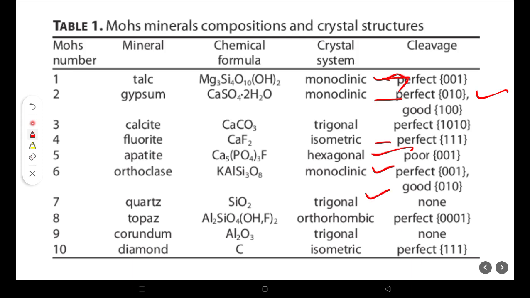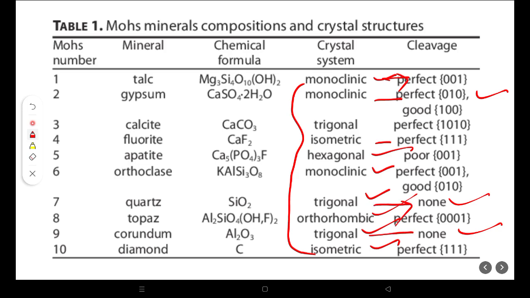Here an important thing is that quartz does not have any cleavage. Topaz is orthorhombic, corundum trigonal, and diamond isometric. Corundum also does not have any cleavage. So you can remember the crystal systems, and two important things are their cleavage: quartz has no cleavage and corundum has no cleavage. And the others you can remember by their cleavage planes.